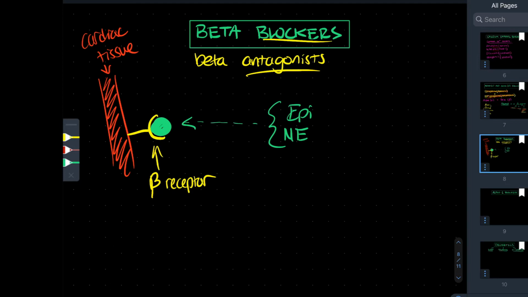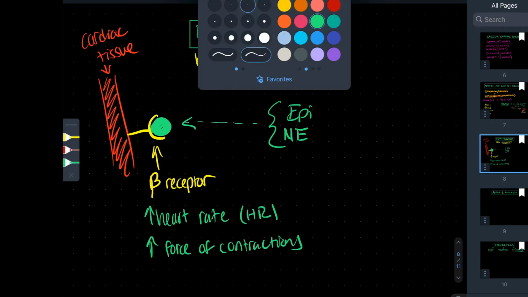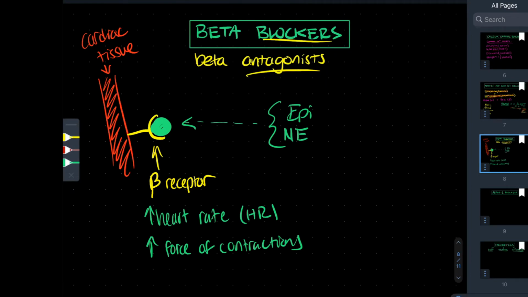And this would cause increased heart rate and increased force of contractions, both of which would increase blood pressure because you're pumping more and pumping harder. And that's what epinephrine and norepinephrine want to do. They want you to get more blood around so you can fight the tigers or whatever.